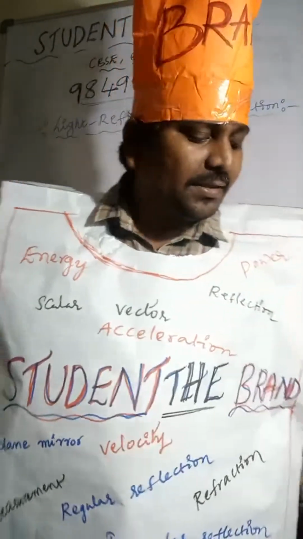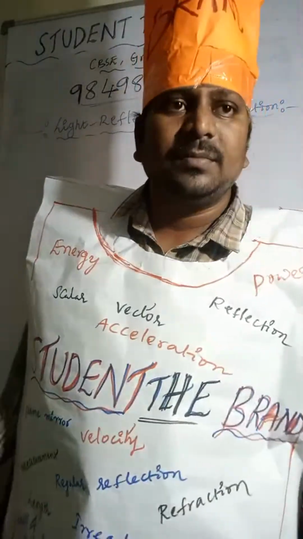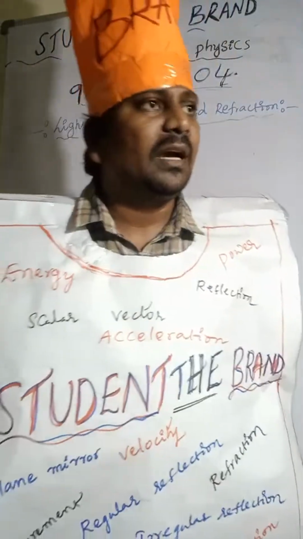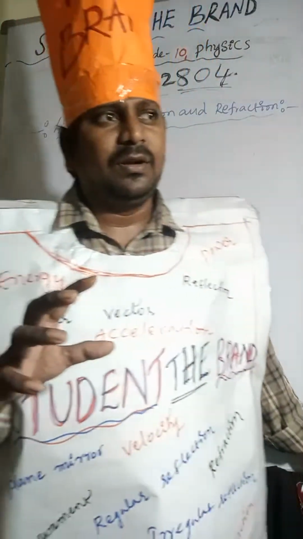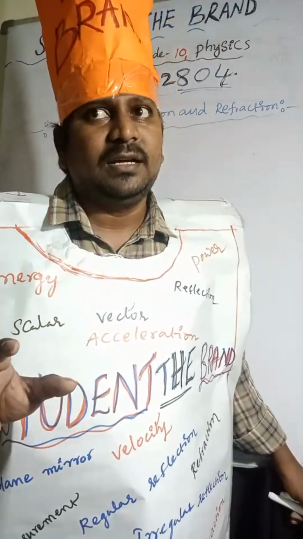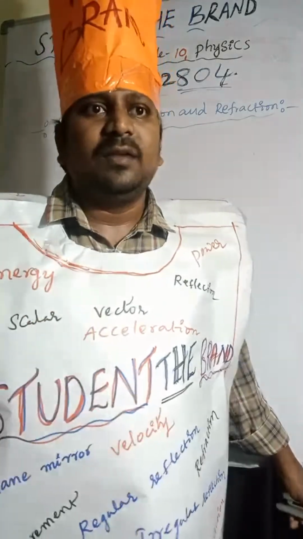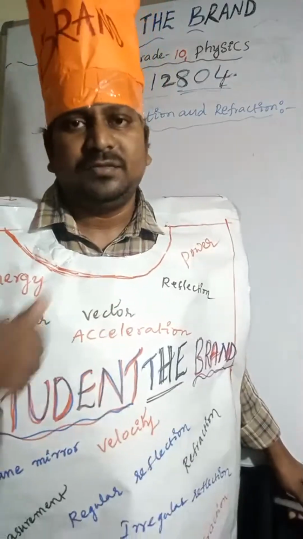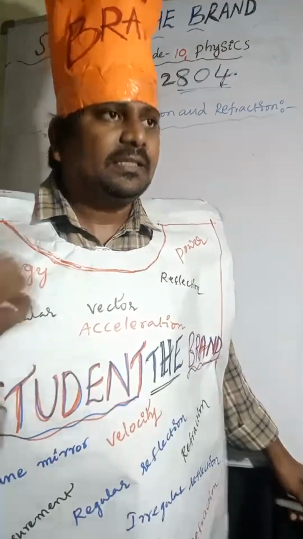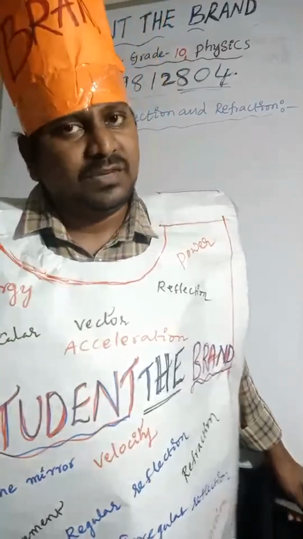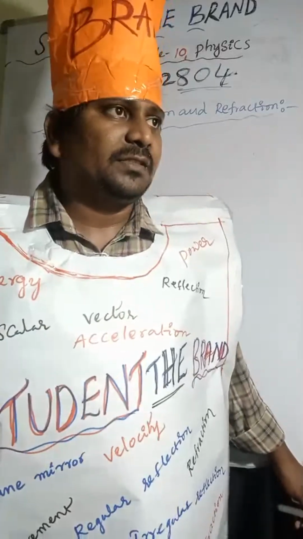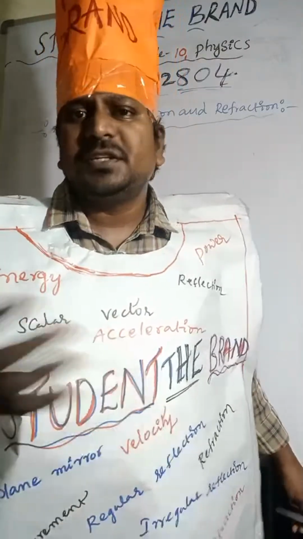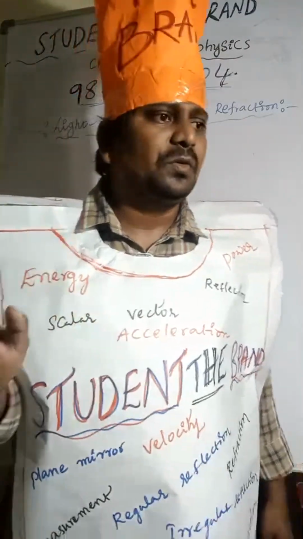So what is meant by regular reflection and what is meant by irregular reflection, and based on this how they will ask questions. Till now we discussed reflection of light, laws of reflection and angle of deviation. So they will ask to define reflection of light, one question. And the next question is to write the laws of reflection. So incident ray, reflected ray, normal ray lie on the same plane. Angle of incidence is equal to angle of reflection. So those two questions they will ask.